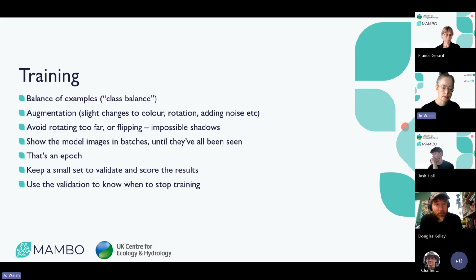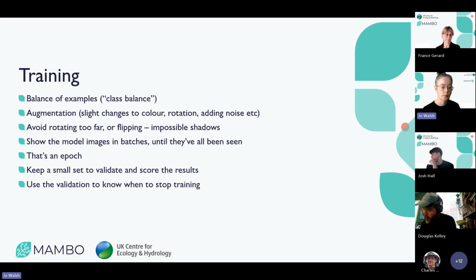There are techniques known as augmentation for making very slight jittery changes to your input images so you can bulk out the samples you've got. But there are also some caveats when working with remote sensing data, geographic data, and particularly to avoid rotating images too far, avoid flipping them at all, so that you're not generating impossible shadows, which the model is then trying to learn features from.